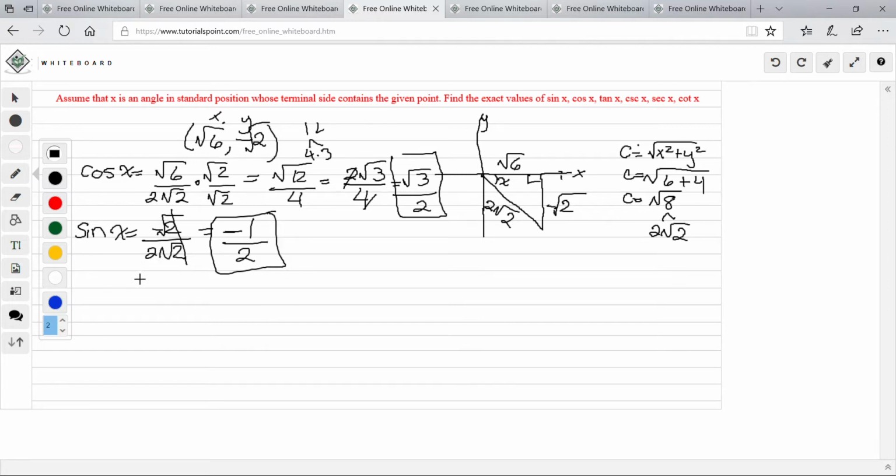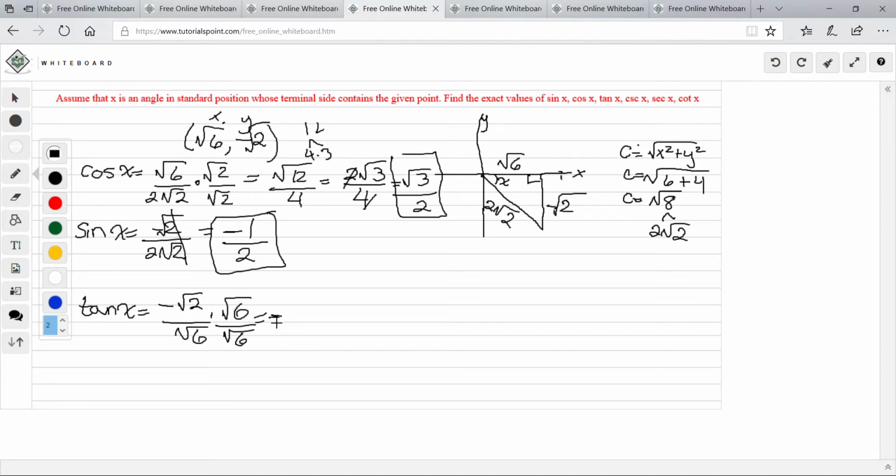Okay, sine alpha. Let's find tangent alpha. Tangent alpha is basically y over x. So our y value is negative root 2, and our x value is square root of 6. Let's rationalize the denominator by multiplying top and bottom by square root of 6.